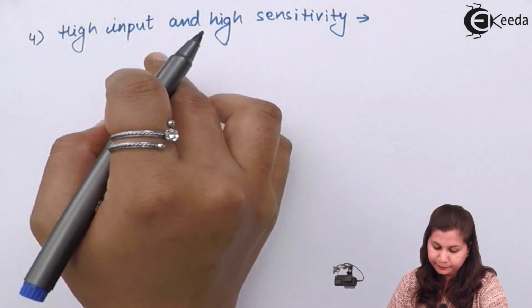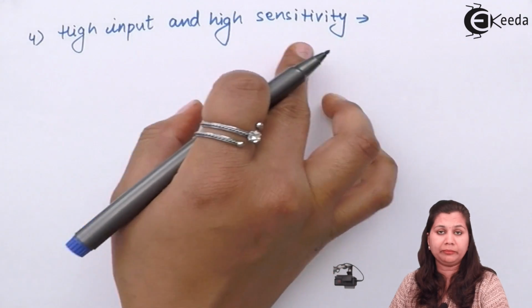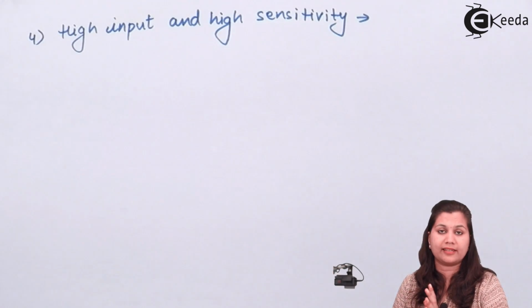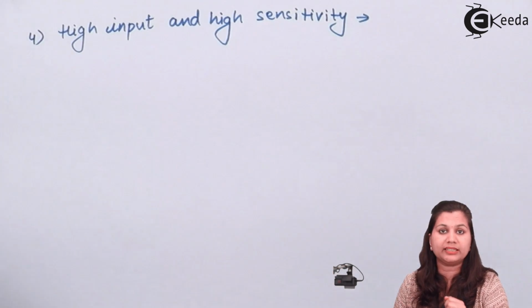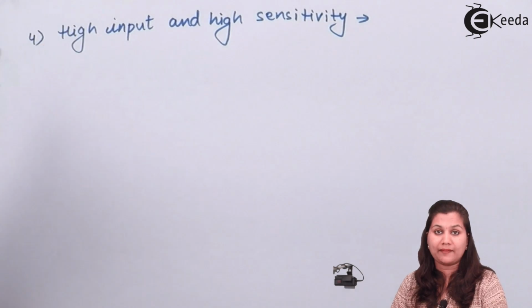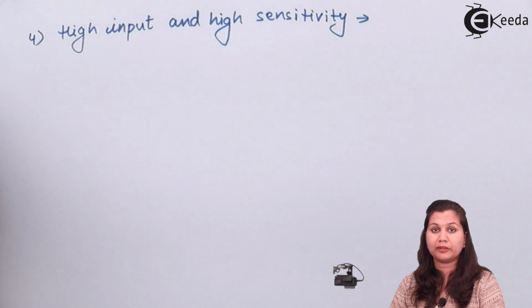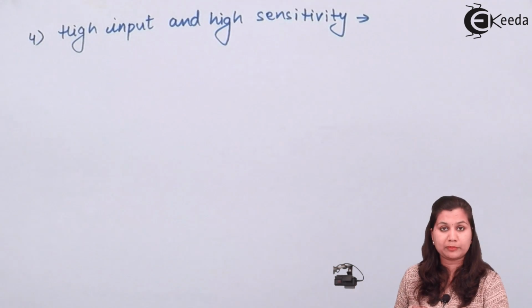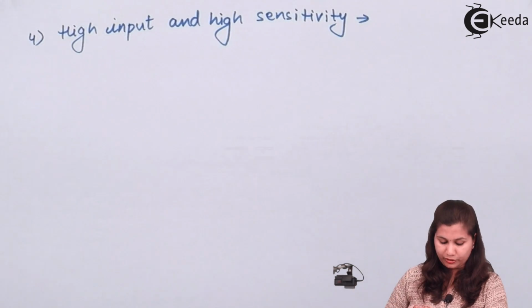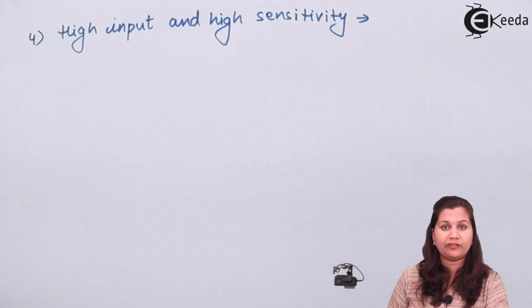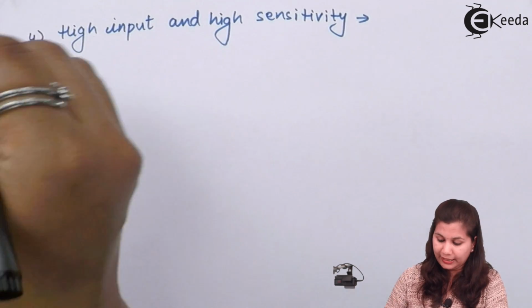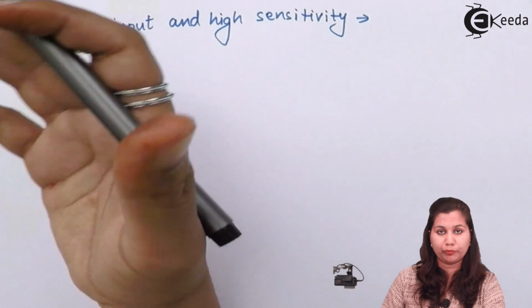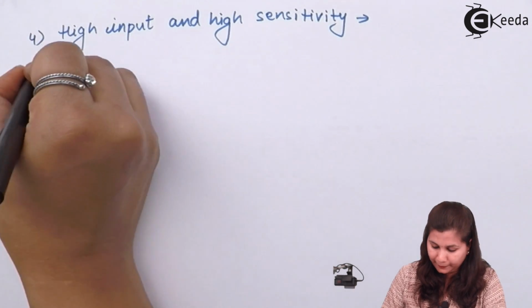And this high sensitivity means that the LVDT is sensitive to very minute changes in the displacement. We have seen that it can measure displacements of very low values like 0.003 mm. So it gives the LVDT a very high sensitivity, and a high output is produced from it.